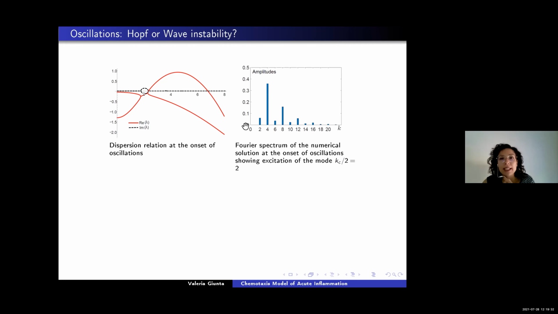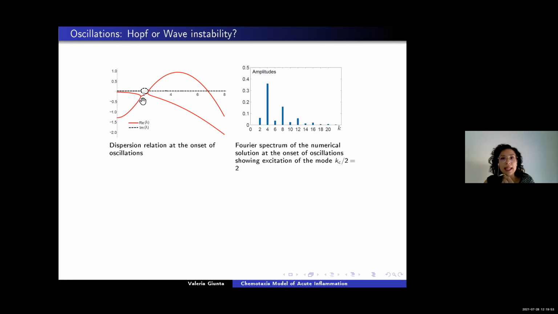So we have analyzed the Fourier spectrum of the numerical solution, and we observe here the excitation of the Turing mode, which is 4, but also the excitation of the 1/2 Turing mode. This is unexpected because it is linearly stable.